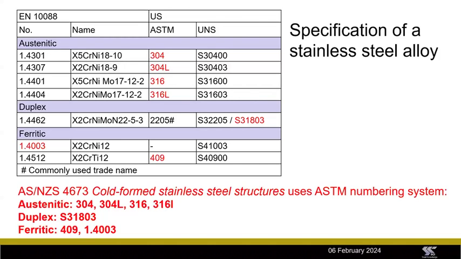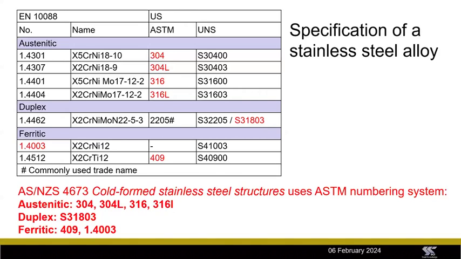Now, in your part of the world, you would be using the American ASTM designation system, because I checked in the Australian New Zealand standard 4673, which covers the design of cold formed stainless steel structures, how you designated your alloys. For the austenitic alloys, this standard covers 304, 304L, 316, 316L. So these are there in red.